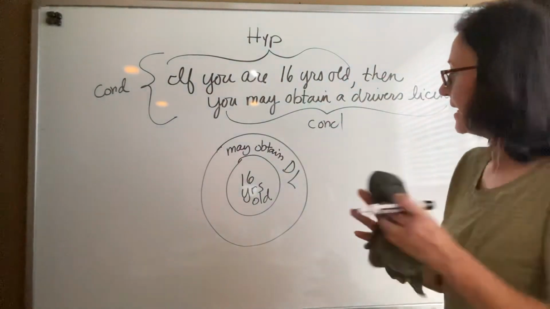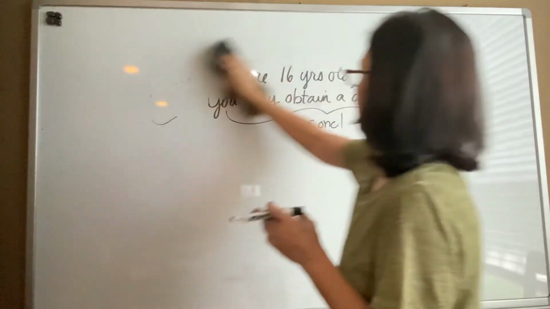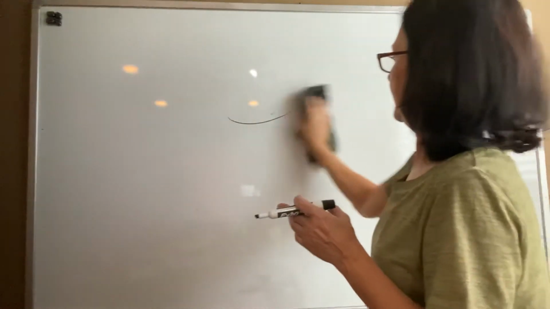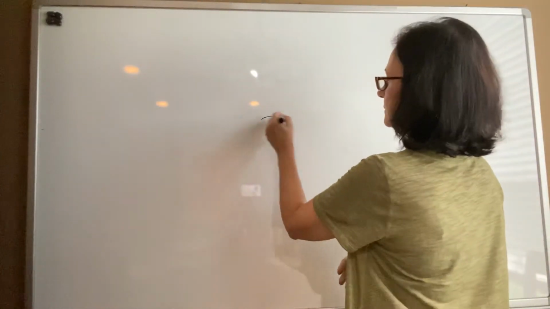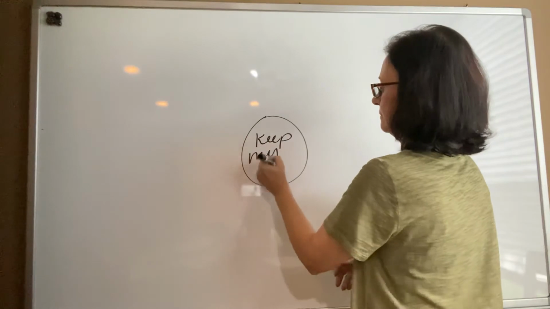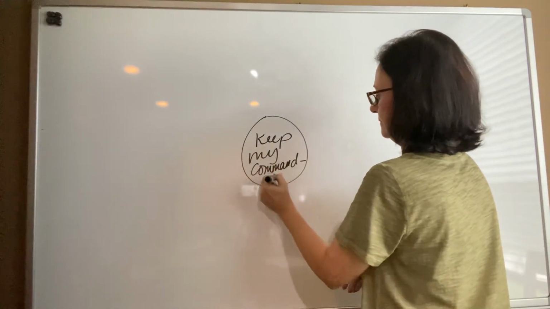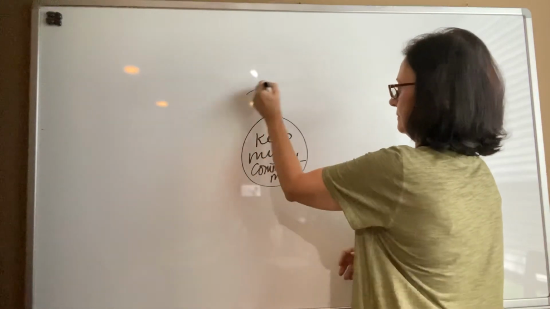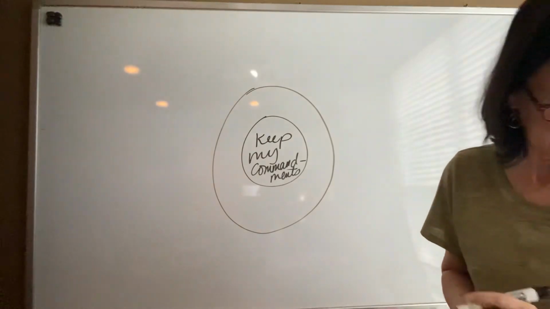Let's do another example where we're given the Euler diagram and we go to the conditional statement. That's keep my commandments.